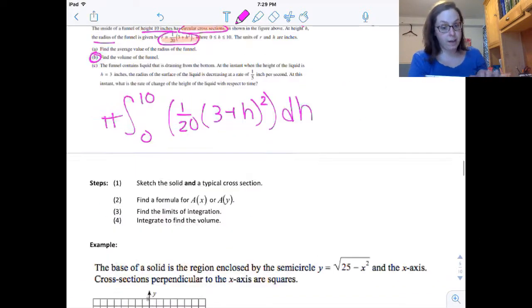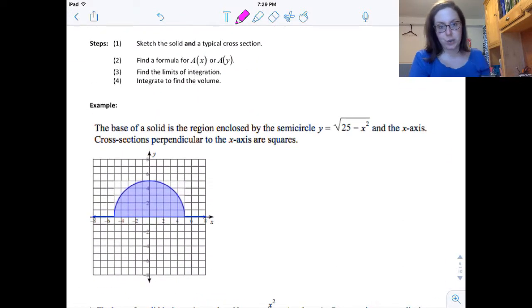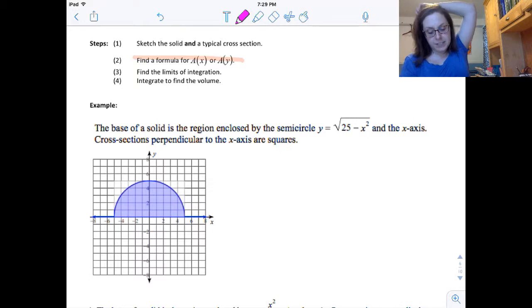Okay, so what that leads us into is finding volumes with known cross sections. To do this, I'm going to sketch my solid if I can, and I'm going to find a formula for the area, and then I'm going to integrate it, because that's really my goal here. So let's start with this one. The base of a solid is the region enclosed by this semicircle and the x-axis, and cross sections perpendicular to the x-axis are squares.